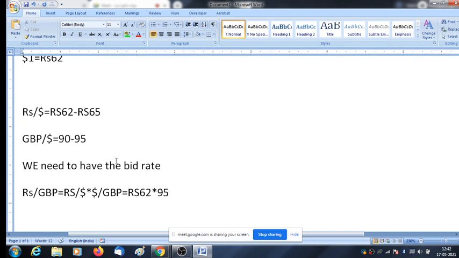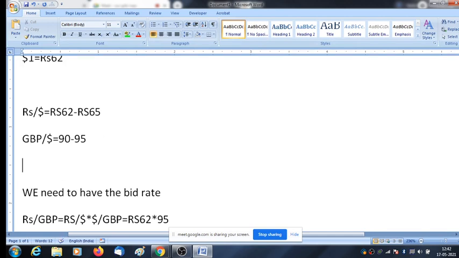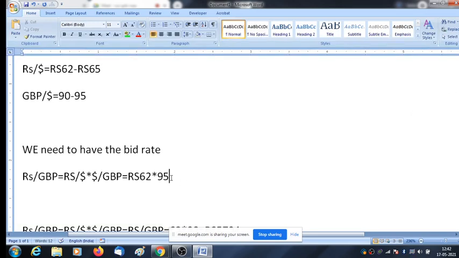Basically what we did, oh, inverse, just a minute. I am taking the inverse, so it won't be multiplication. So it will be divided by 95. GBP equal to dollar is given. And if I take the inverse, so what will happen?